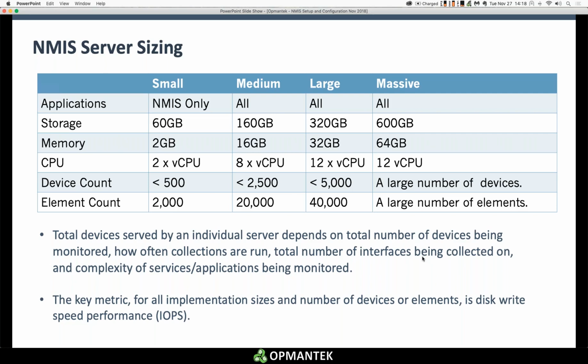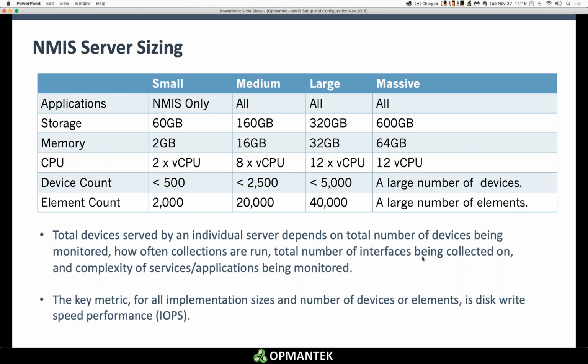A medium size implementation might be 8 virtual CPU, 16 gigs of RAM, and that'll handle about 2,500 devices or 20,000 elements. A large implementation you'd be looking at 12 CPU, 32 gigs of RAM, about 320 gigs of hard drive space, just for storage, not for the operating system, just for data.